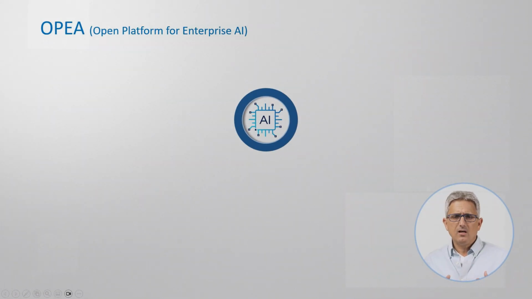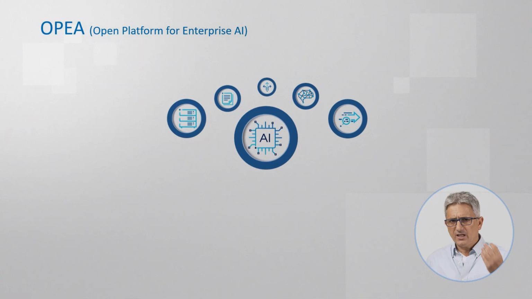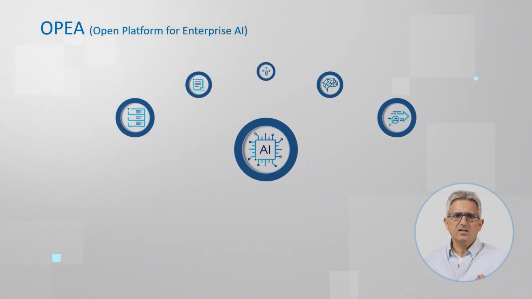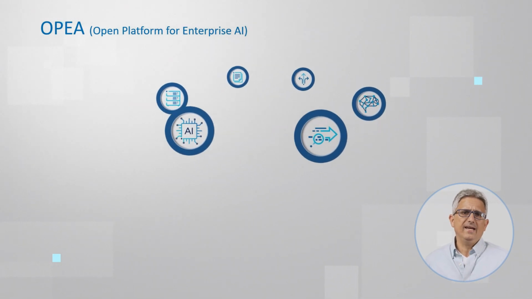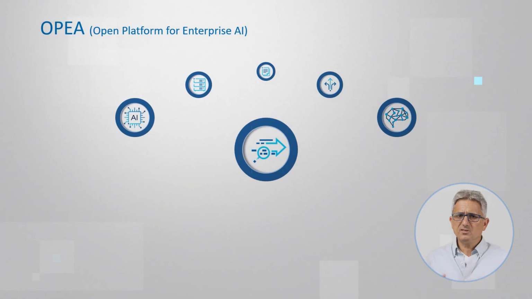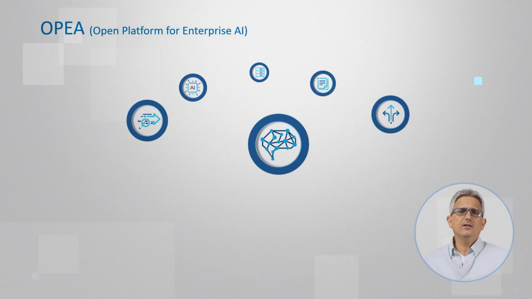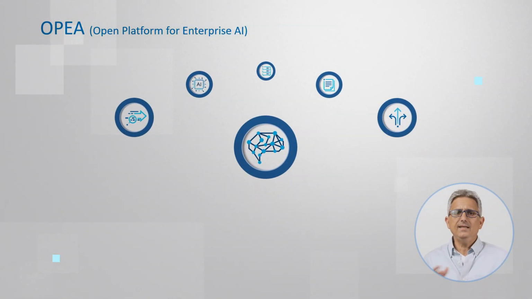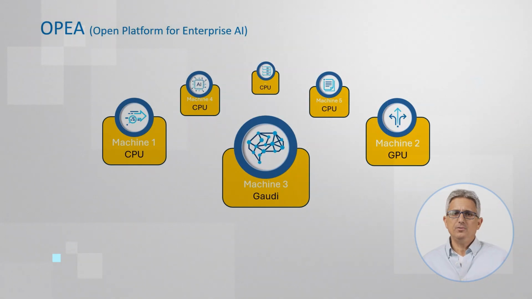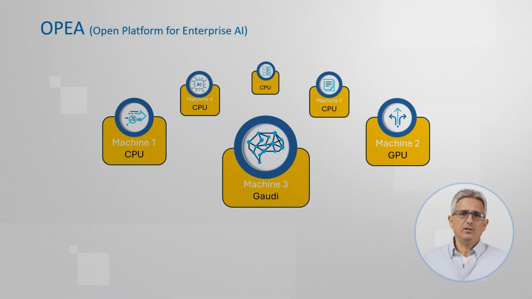These building blocks are packaged as containerized microservices that can run almost anywhere. They are composable, scalable, and can run on-prem or on many cloud services on GPUs, CPUs, or AI accelerators like Gaudi. Check out my other videos on OPEA.